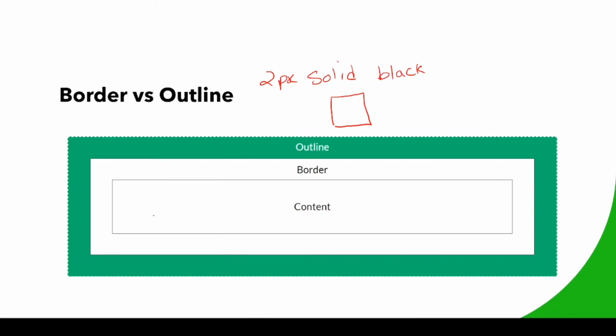Okay, I change the color. Then a 2 pixel outline is displayed here. Okay, you can see. We will see it in practical implementation as well, but there is a difference. It does not affect the alignment of the box.